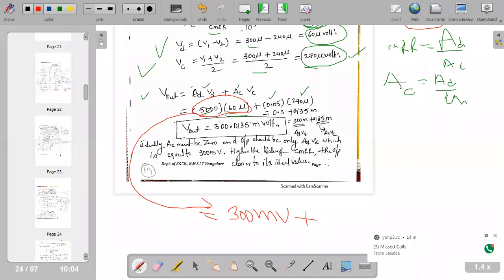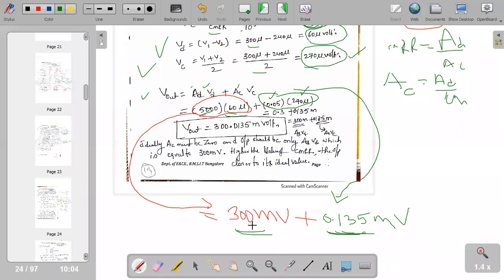When you simplify these two, we'll get a result of, please understand here, 0.135 millivolt. You can compare these two. Where is 300 millivolt and where is 0.135 millivolt? So that's why I told you this term gives a maximum value compared to your AC into VC.